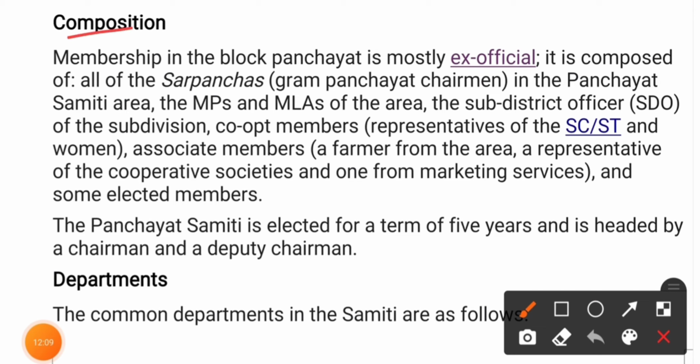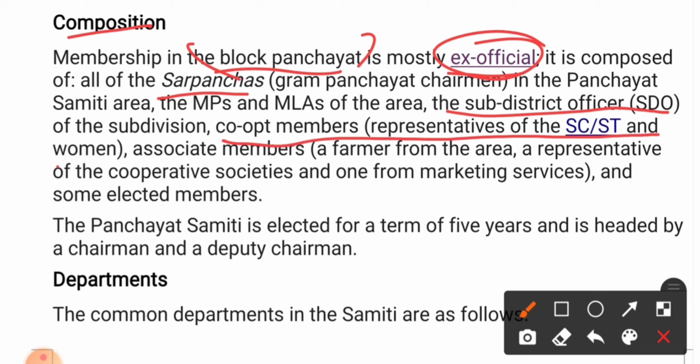Now, if you look at its composition, how it is made up, members in the block panchayat are mostly ex-officio. It is composed of all of the sarpanches, that is the Gram Panchayat chairmen in the Panchayat Samiti area, the MPs and the MLAs of the area, the sub-district officer, SDO, of the subdivision, co-opted members, meaning representatives of SC, ST and women, associate members, a farmer from the area, a representative of the cooperative societies, and one from marketing services, and some elected members.